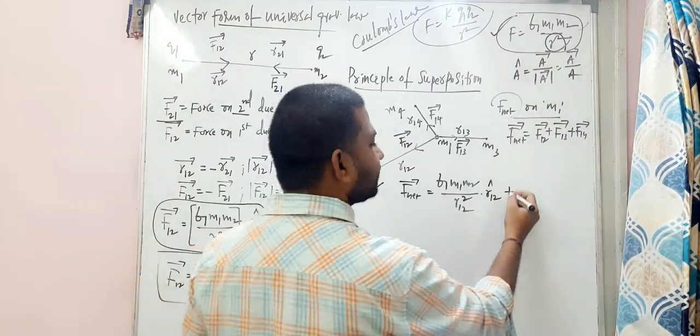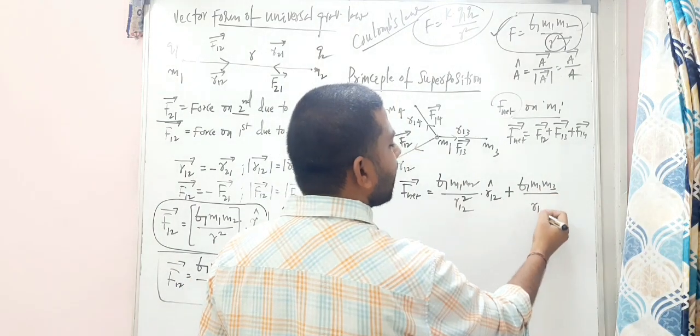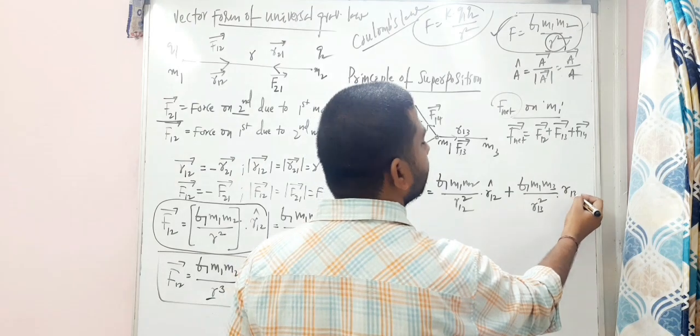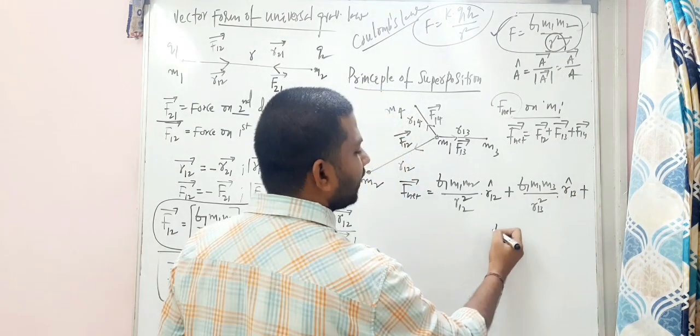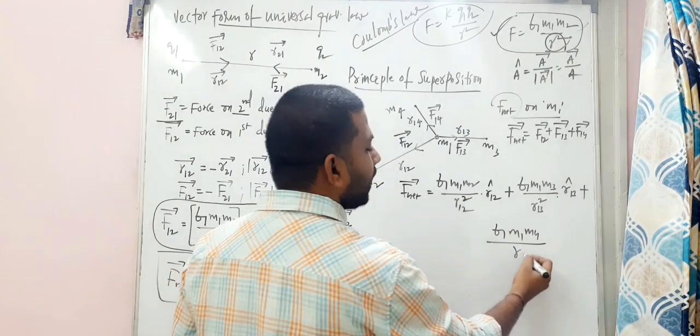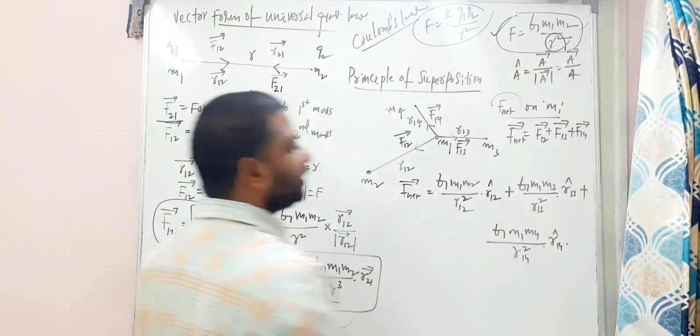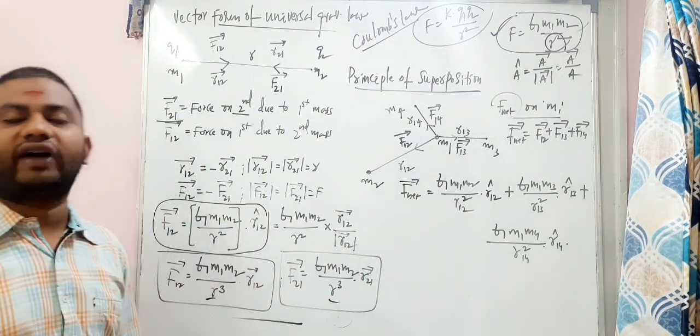And plus G m1 m3 divided by R13 whole square into R13 cap, plus G m1 m4 divided by R14 whole square into R14 cap. This way you can find out the net force.